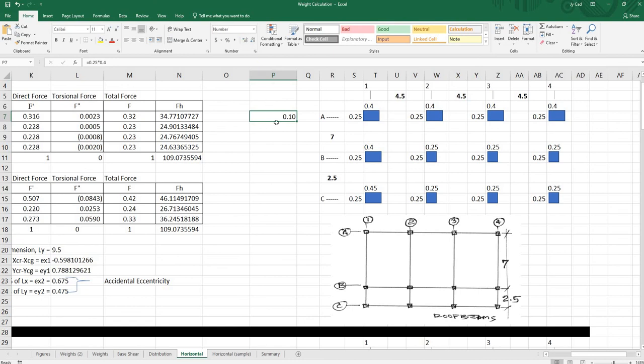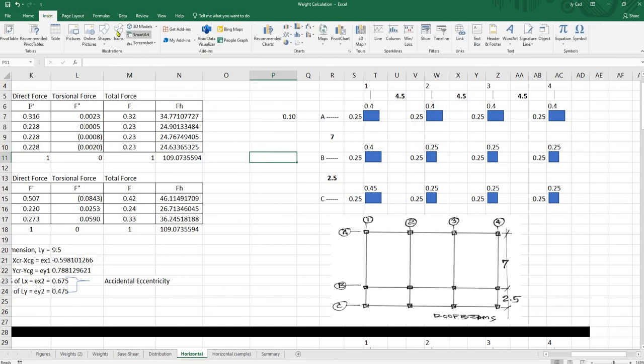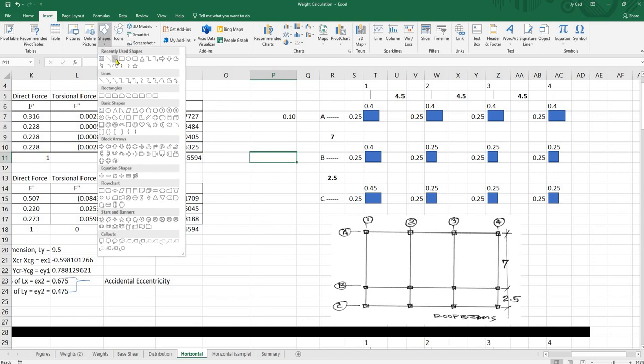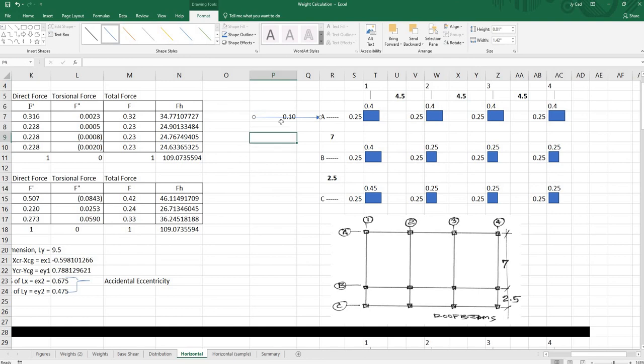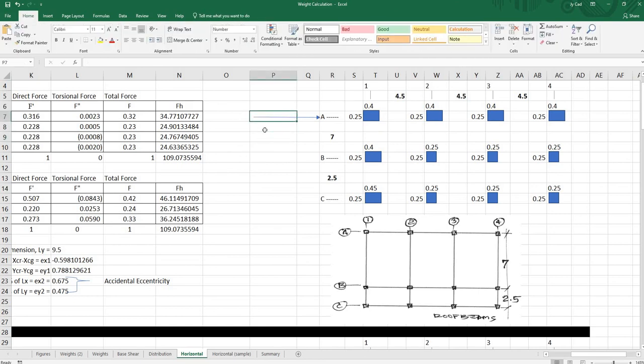Pero, kapag ang earthquake forces mo would be coming in this direction, something like this, pa ganyan. Okay? Ang moment of inertia niya for this earthquake, I would be equal to, for this column, ano? Yan.